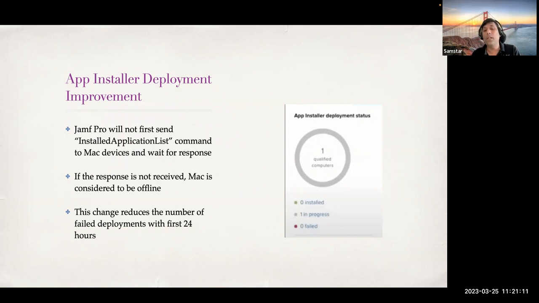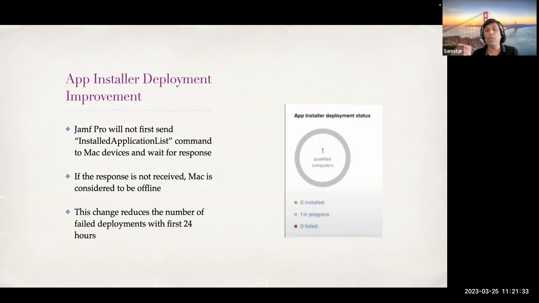So what happens is, in the first 24 hours, there are many false negatives in the App Installer deployment status report, where we see many failures. To overcome these false negative statuses, Jamf has improved this version by enabling a new criteria.